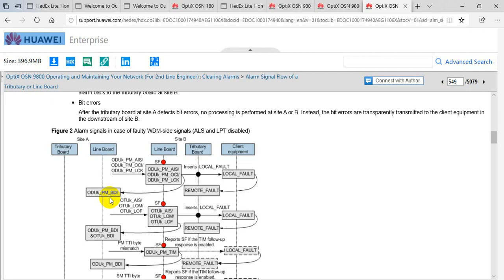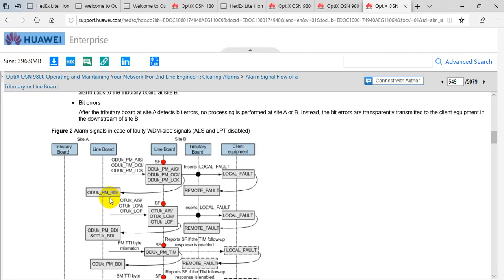SM is the OTU layer overhead byte, PM is the ODU layer overhead byte, and similarly TCM is also an ODU layer byte, which can be used. The function is almost the same, but the TCM is also used to monitor the signals across the operators.